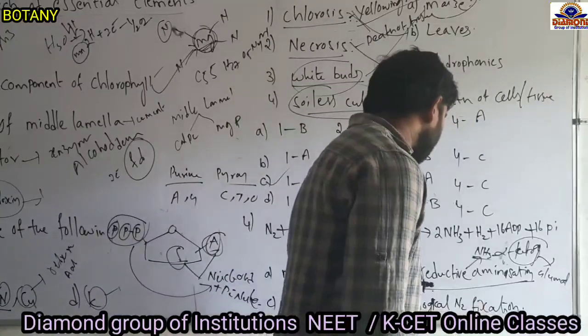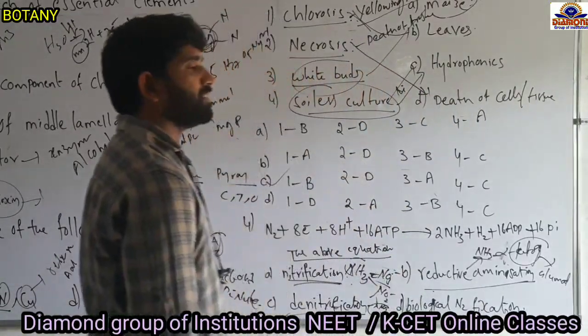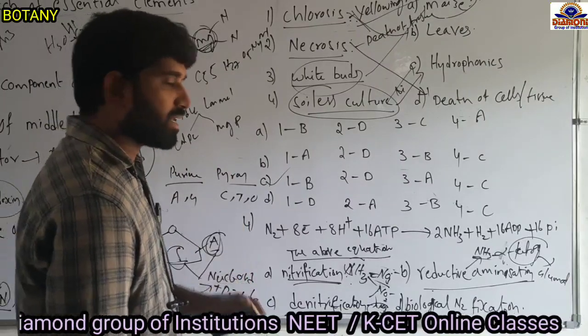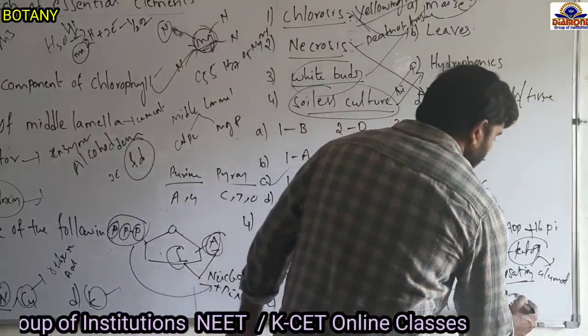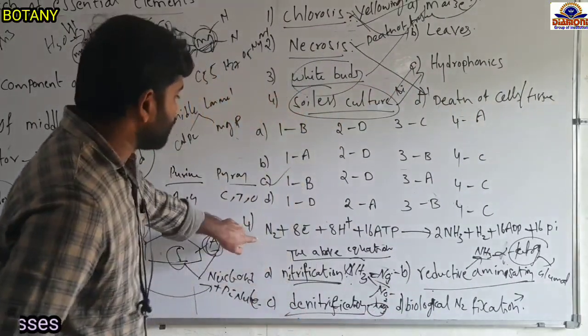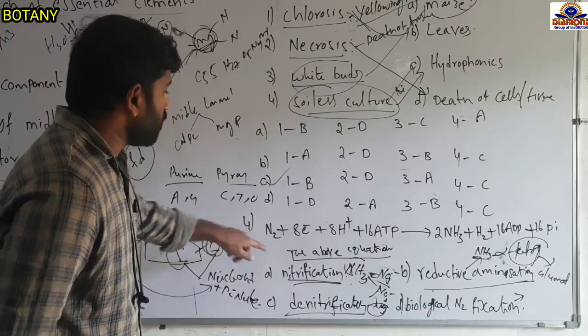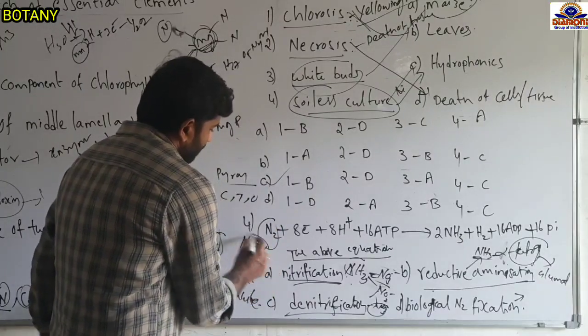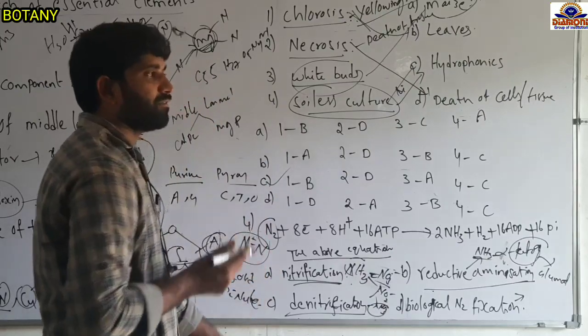And option D they gave as biological nitrogen fixation. Atmospheric nitrogen is converted into soil nitrogen in the presence of living organisms, that is called biological nitrogen fixation. Here the equation represents two nitrogen atoms connected together by three covalent bonds, very strongly.